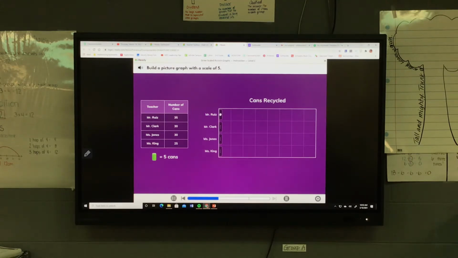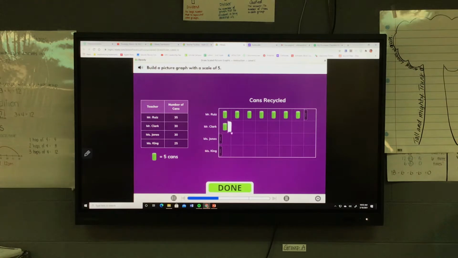So if I go back over here, how many cans do we need to show for Mr. Ruiz? So let's skip count by 5s. 5, 10, 15, 20, 25, 30, 35, stop. Okay. What about Mr. Clark? 30. So let's skip count by 5s to 30. 5, 10, 15, 20, 25, 30, stop.